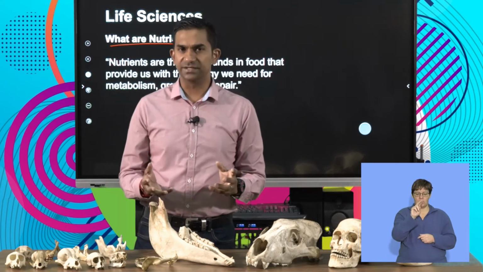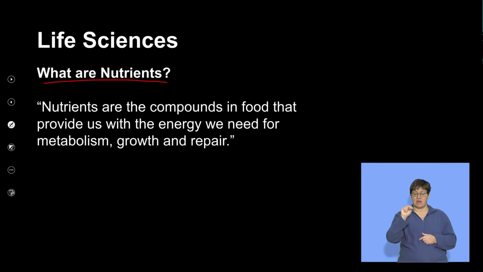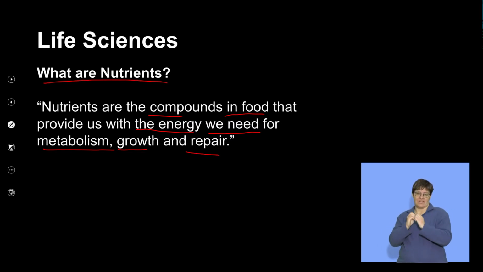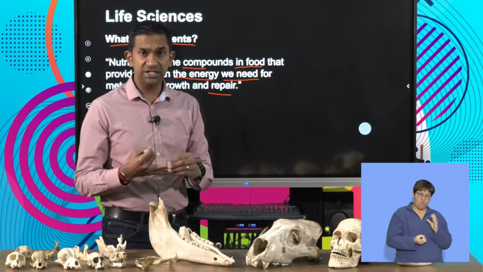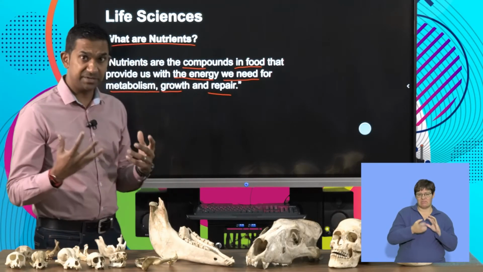So what are nutrients? Nutrients are those important compounds that we get from food. And these would include things that provide us with energy, that allows us to grow, to carry out metabolism, as well as to repair. So we need these nutrients for growth, for energy, as well as repairing damaged tissue.